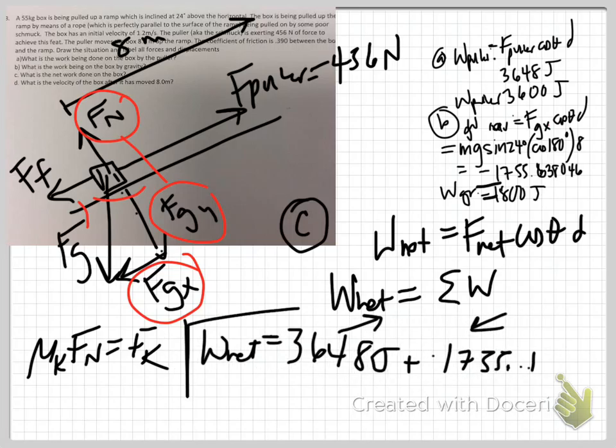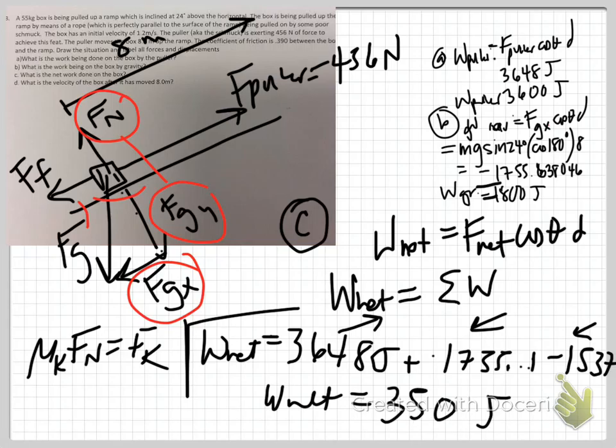And we had negative 1537 also down the ramp. So we end up with a net work of 350 joules.